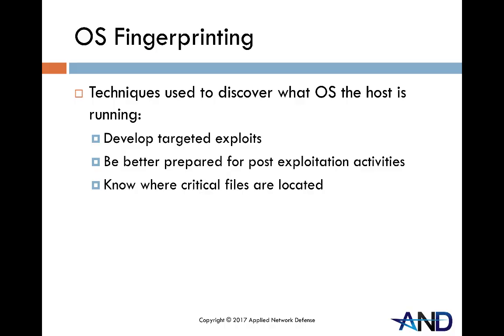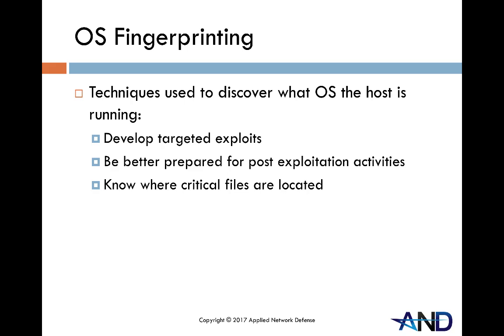And beyond that, you just really need to know where critical files are located. Various versions of Windows, various versions of Linux, and so on, they're going to put sensitive files that you may need to access in different places. So as an attacker, those are things that people are going to be concerned about. So it's important to be able to fingerprint what operating system is in use on a particular host that's being interacted with.